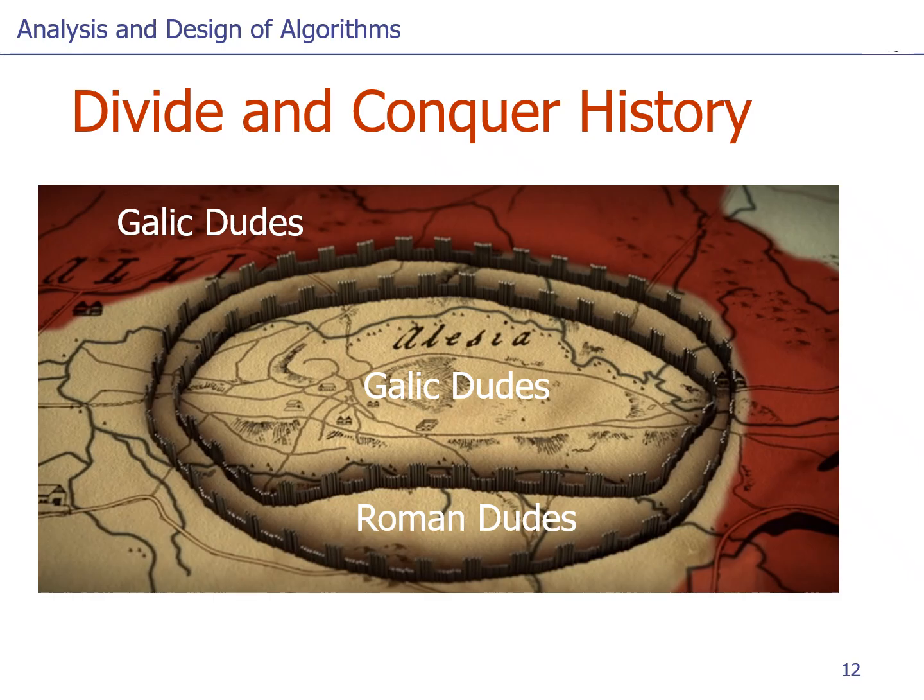Instead of facing one big Gallic army, by building the outside fence he split the Gallic armies into two. There is the inner Gallic army and the outside Gallic army. Now, the inside Gallic army is at the mercy of the Romans, because there is no water going through to them, no food, and no weapons.